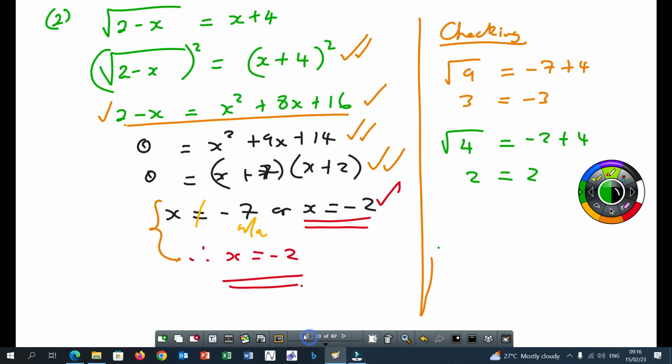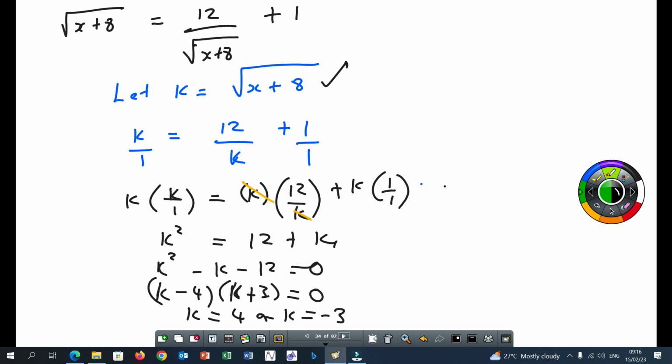Please take note of this. If you go back to the original question. Can I have your attention, please? You might have to put a restriction there that x is not equal to negative 8, because if x is negative 8, it means our denominator will become a 0. That will help you as well if you are doing the checking.